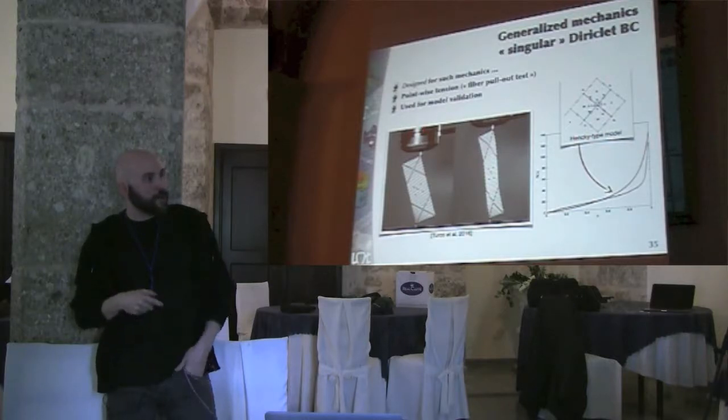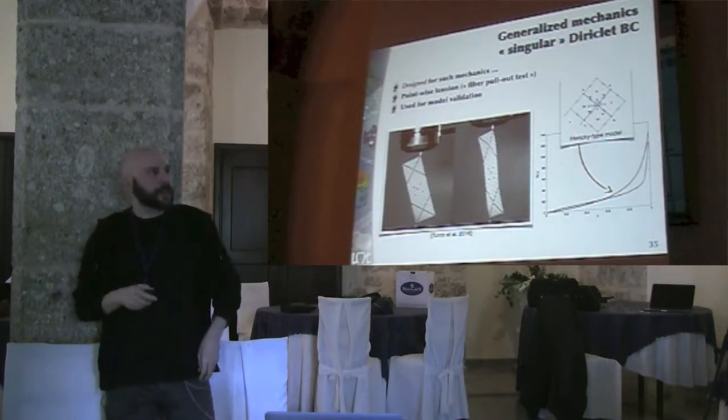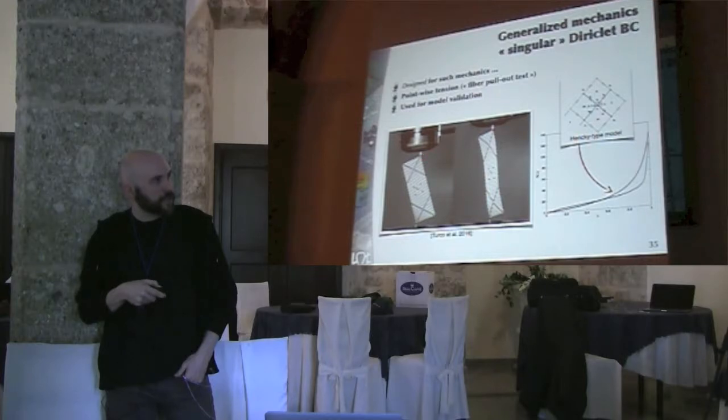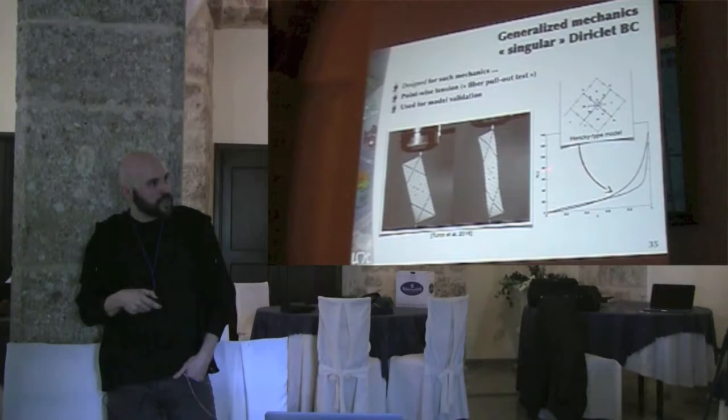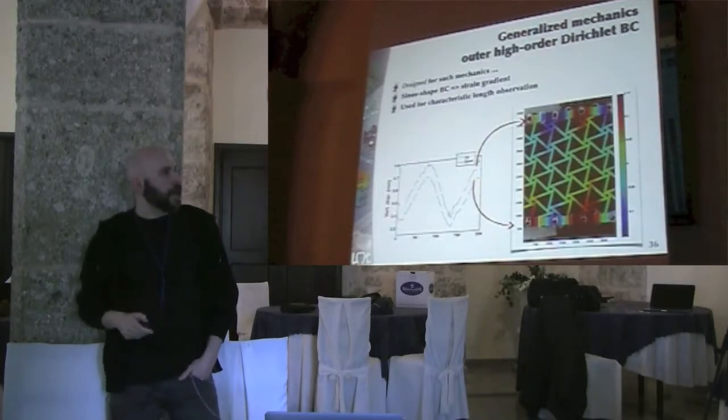You've got what I would call singular Dirichlet boundary condition, like the well-known fiber pull-out test. So you are just pulling out a fiber of your pantographic structure, for example, and you can see if your model is matching quite well or not. And one of the last is what I call the high order Dirichlet boundary condition.